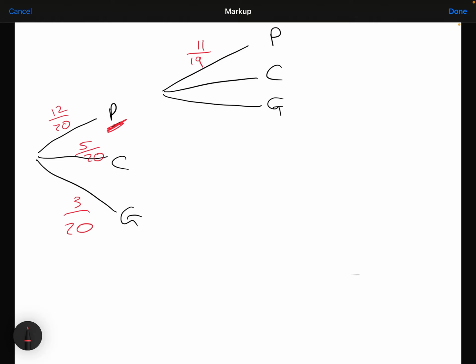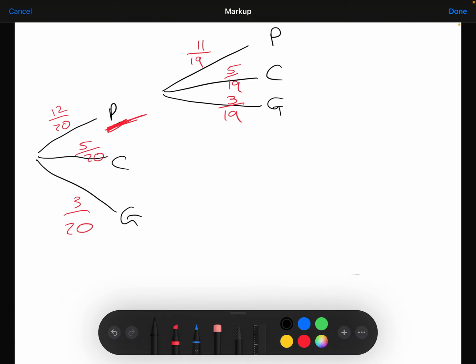The probability of the second biscuit being chocolate would be 5 out of 19 because there are still 5 chocolate biscuits left. I haven't touched the chocolate. And ginger would be 3 out of 19 because again, there were 3 ginger biscuits to begin with, and I only took a plain one. So I've not touched the ginger biscuit. So there's 3 chances of me taking one out of 19 in total. Those are all the probabilities of the second biscuits if I took a plain out the first time.